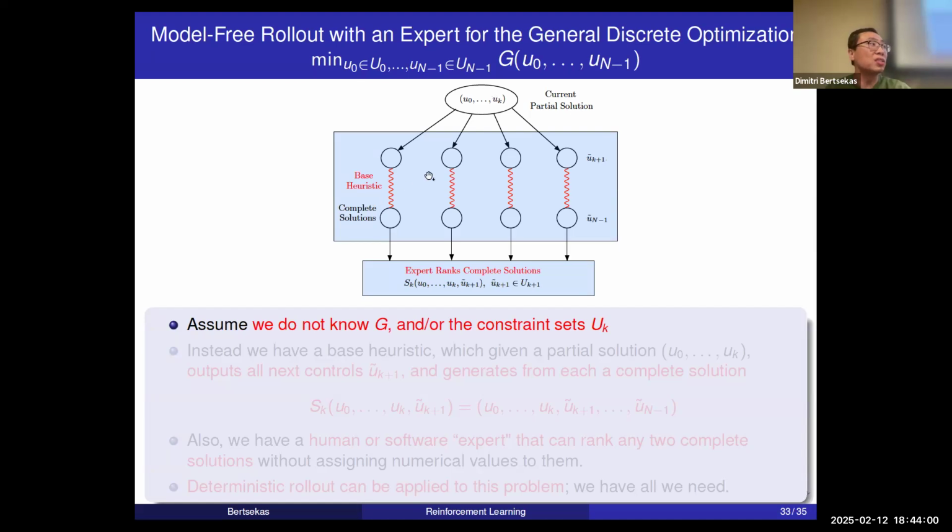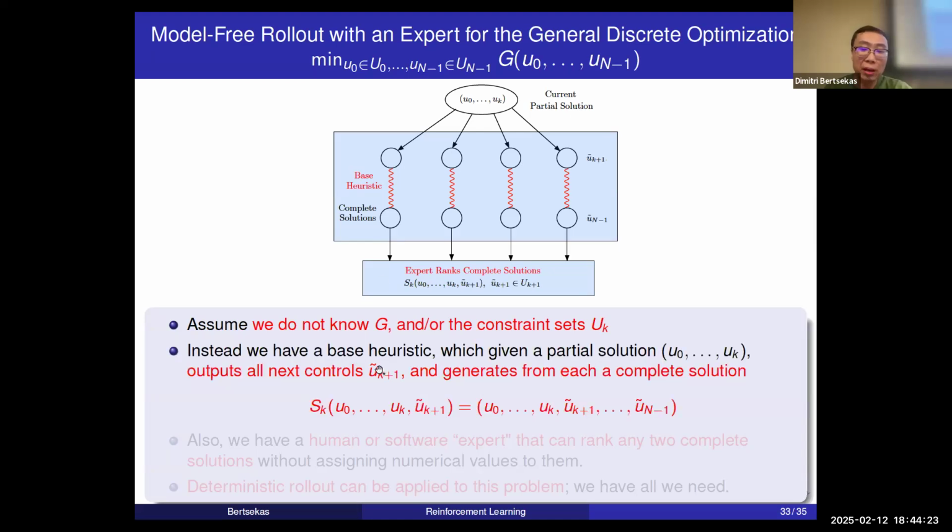All we need to know is that there is a way, some computer simulator, that given any partial solution u0 to uk plus 1 can tell us what all the possible feasible next control components we can consider are. And starting from any of those partial solutions, it can generate all the subsequent portions that give us a complete solution.